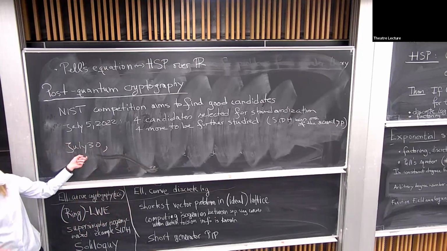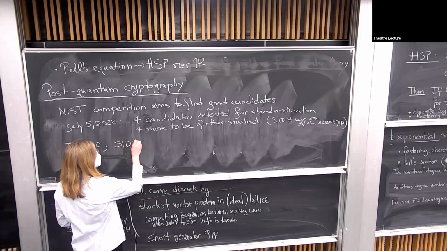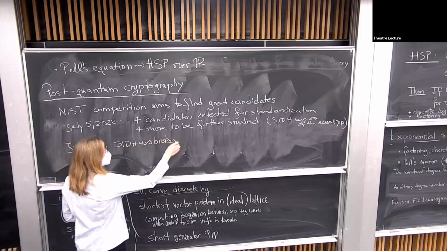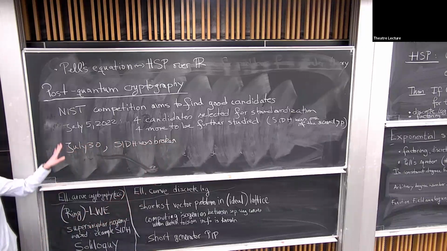And all of these were broken on July 30th, and so SIDH has since been removed from this competition, and they have some sort of sentence, the SIDH development team acknowledges that the system is insecure and should not be used, or something like that. That's on the official website.